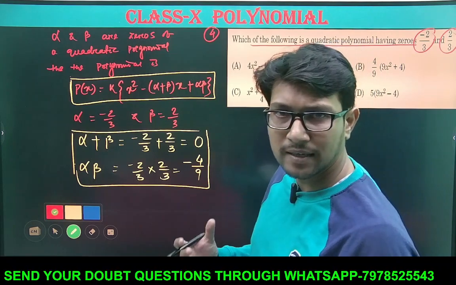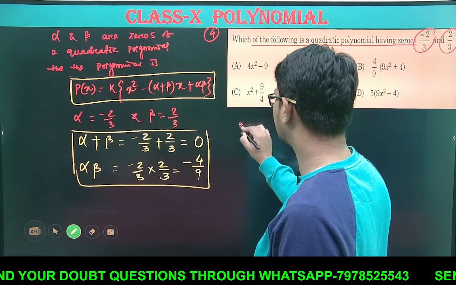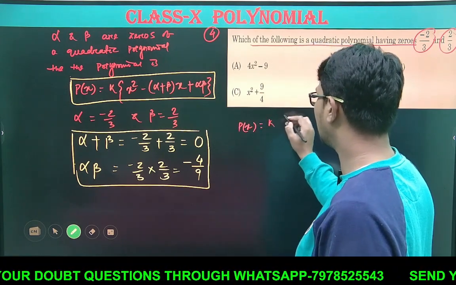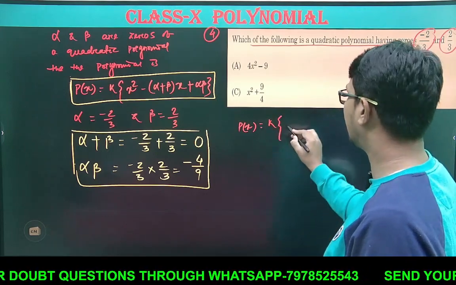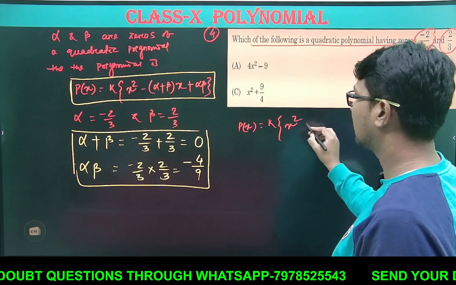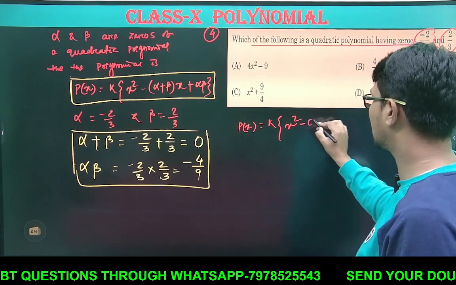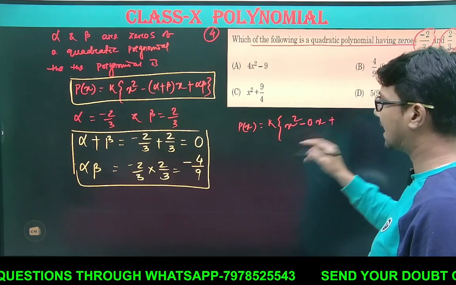So the polynomial is P of x equals k into x square minus the sum of zeros. Sum of zeros is how much? 0 into x plus alpha into beta.